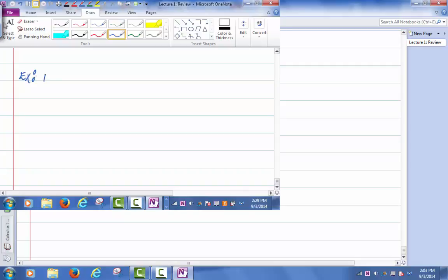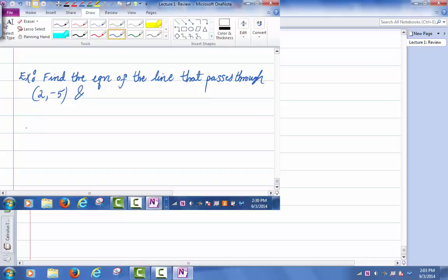The question is: find the equation of the line that passes through the point (2, -5), and so I'm going to go over a bunch of parts now.